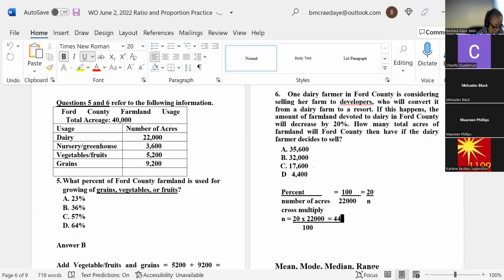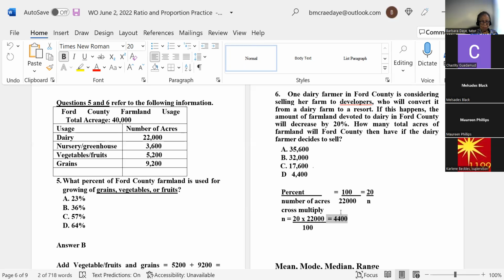You got 20 times 22 divided by 100, and the answer is supposed to be D. Then I get 4,400. I don't know what the calculator is doing, miss, but the answer is the same thing you got there. 4,400? Hold on, let me look over. Let me put it back in, miss. Maybe I'm making an error.